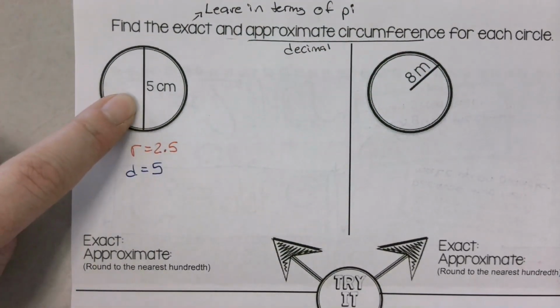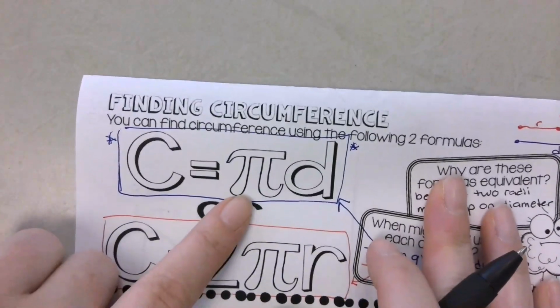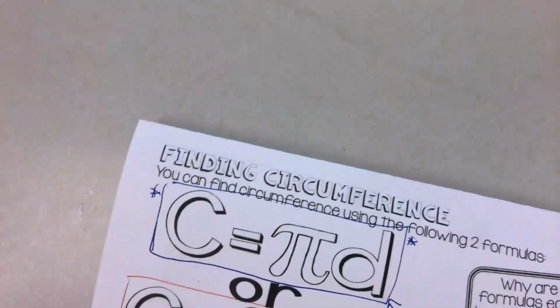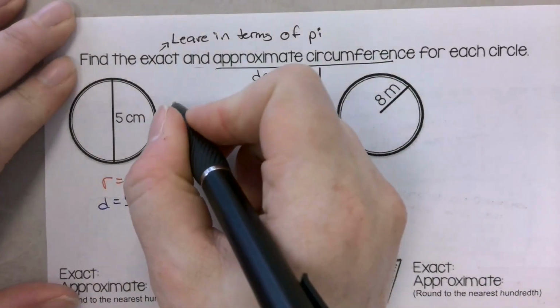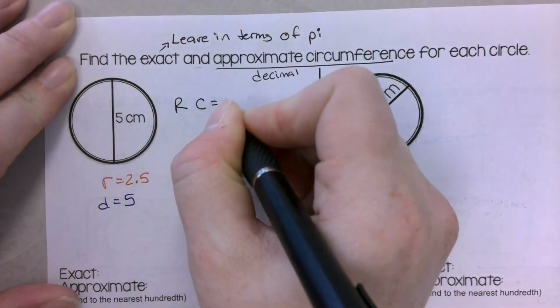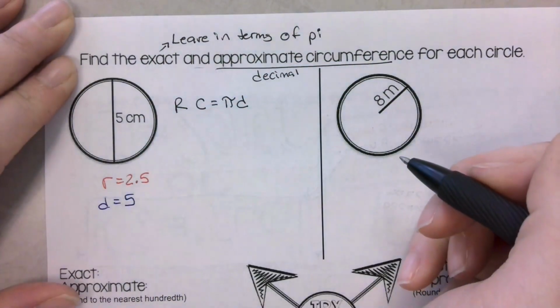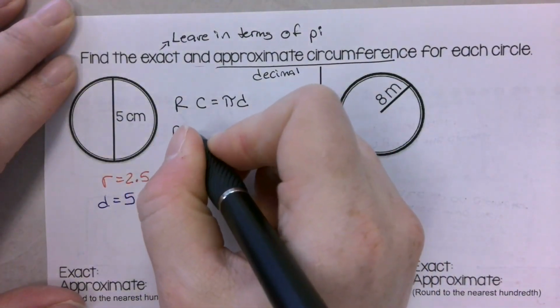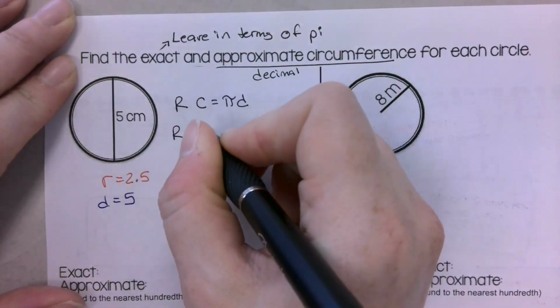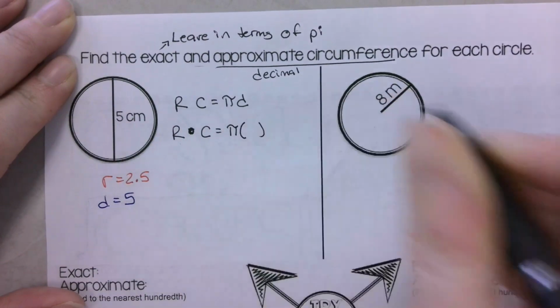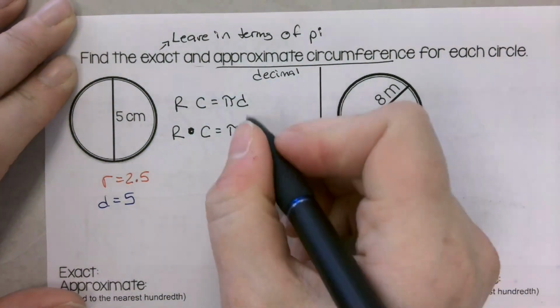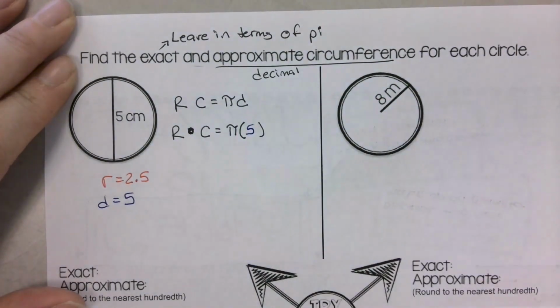Because this circle gave us the diameter, I think we should use C equals pi d. So we're going to rewrite, replace, recalculate. We rewrite the original formula, C equals pi d. We replace the d with our known diameter, which is 5.